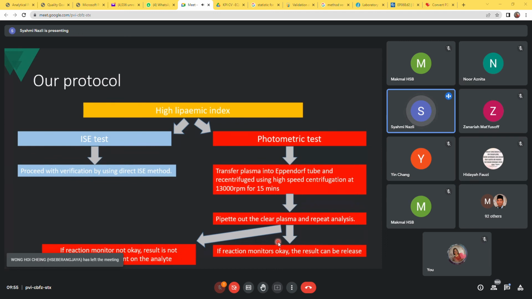How we do it: we transfer the plasma into an Eppendorf tube and re-centrifuge using high-speed centrifugation at 13,000 RPM for 15 minutes. Then you pipette out the clear plasma and repeat the analysis. Later, you need to check the reaction monitor. If it is okay, you can release the result. But if the reaction monitor is not okay, the result is not reportable. You need to produce a formal result with a comment that this sample is lipaemic and the result cannot be produced.